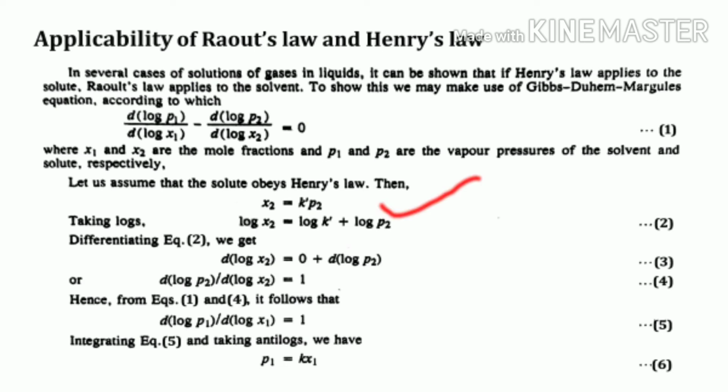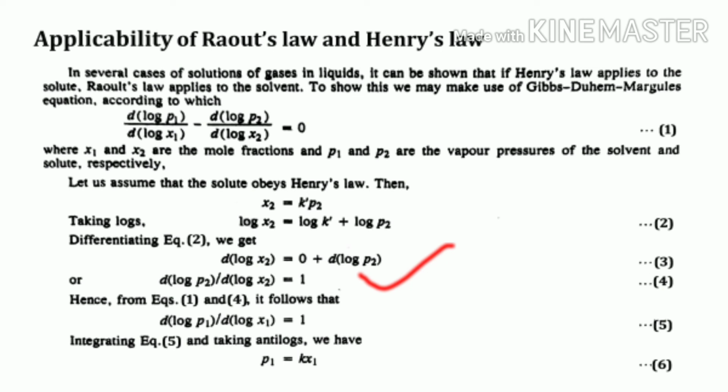Now let us assume that the solute obeys Henry's law. Then we can write x2 is equal to k dash into P2. On taking logarithms on both sides, we get log x2 is equal to log k dash plus log P2. Give it equation number 2. Now differentiating equation 2, we get d log x2 is equal to 0 plus d log P2, since k dash is a constant, so the derivative of log k dash is equal to 0.